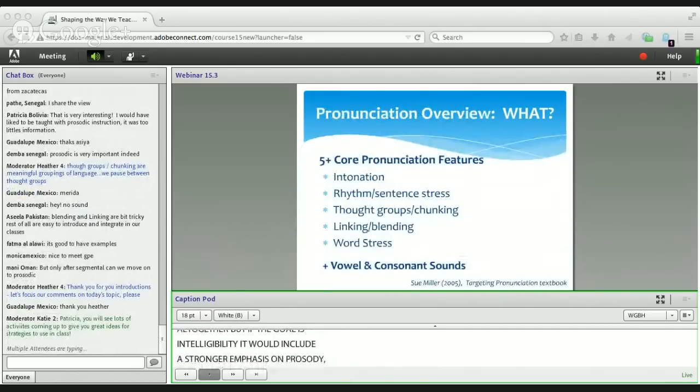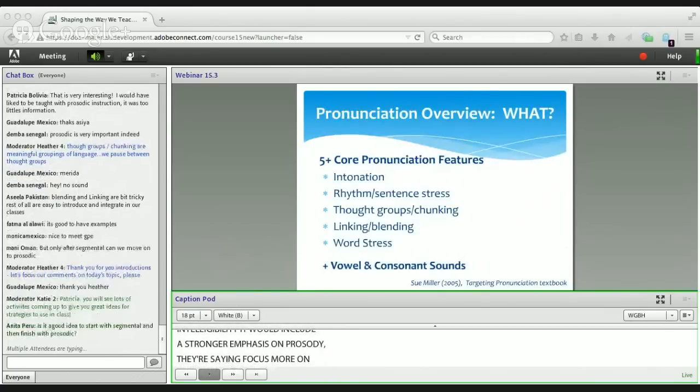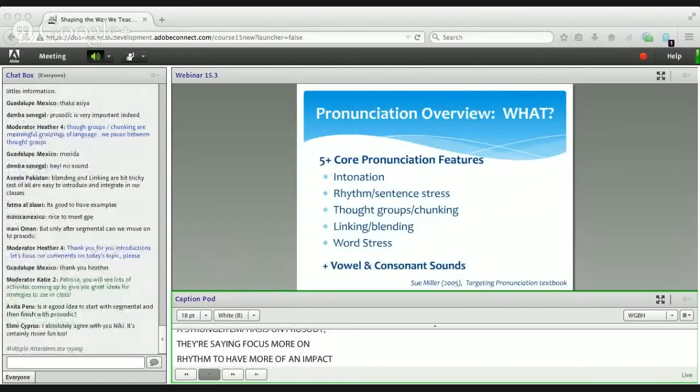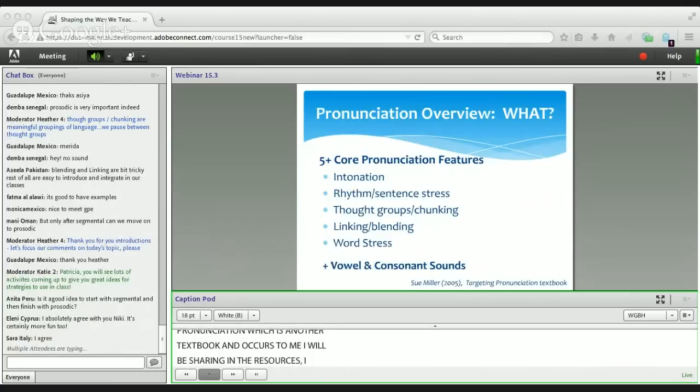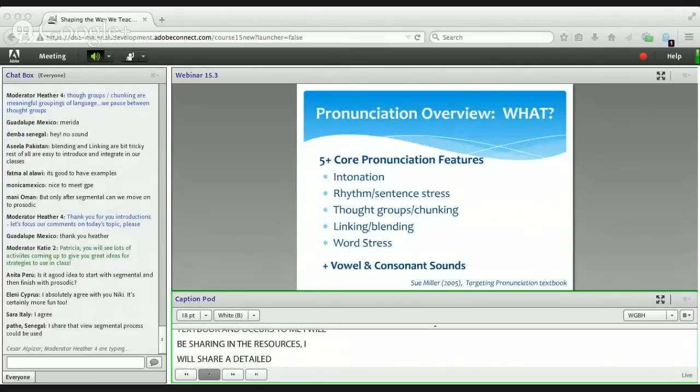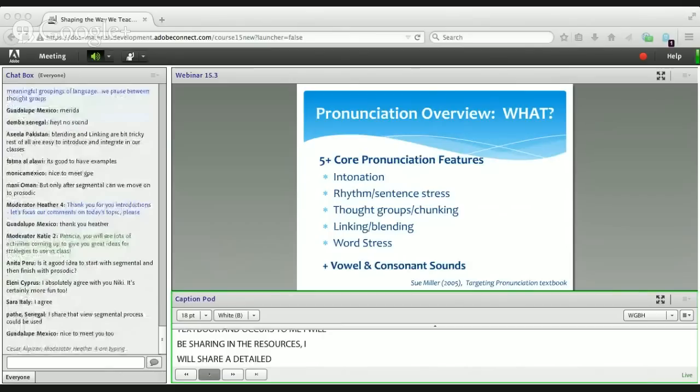And finally, in the what, there is Stu Miller of Targeting Pronunciation, which is another textbook. I will be sharing in the resources a detailed bibliography of all these research references that I'm making, and also the names of some excellent pronunciation textbooks for your future reference.